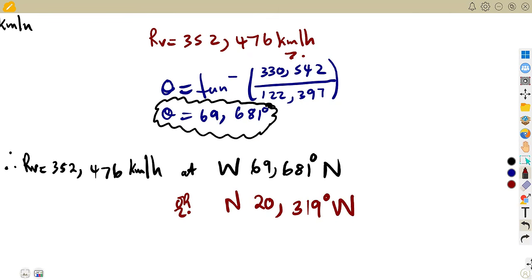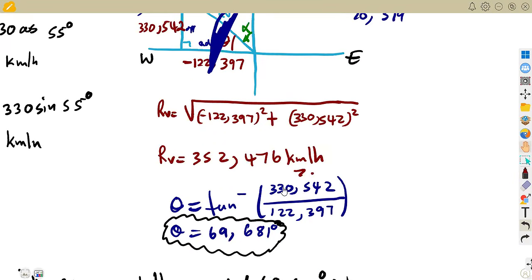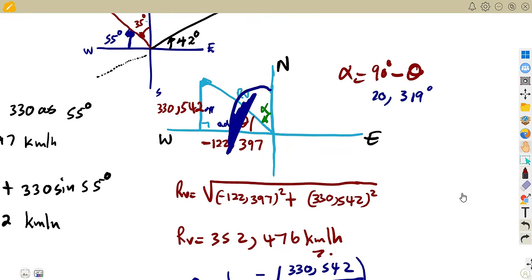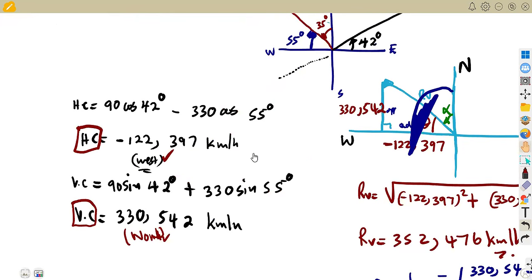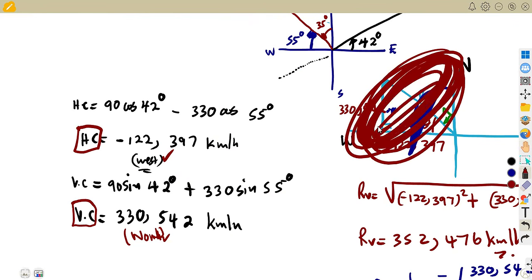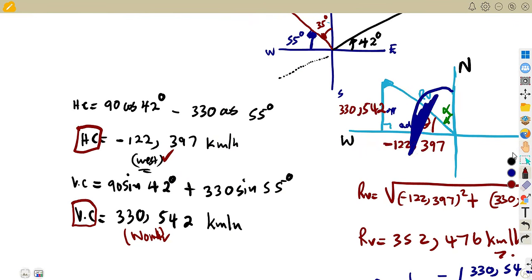To the west. All right. So it's either you're moving from the west to the north, because you have to consider the poles that you had here. You had west and north. So your answer is supposed to be bound by those poles, west, and it's supposed to be in between those poles.